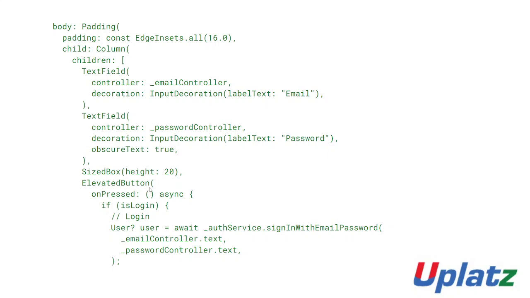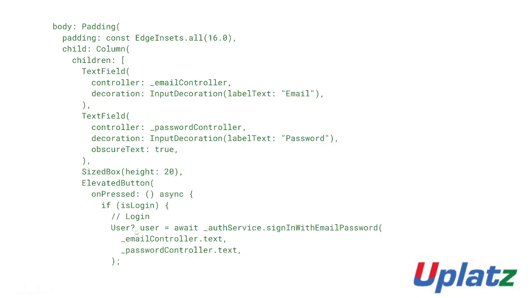ElevatedButton, bracket open, onPressed colon, then this is an unnamed async function, async, then second bracket open is login. If login is true, login variable is true, then login.